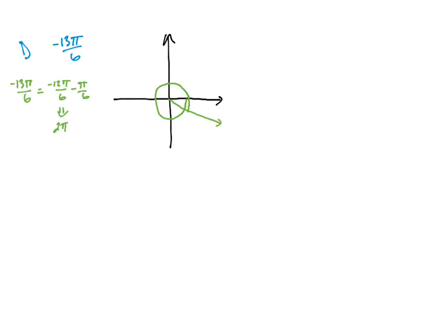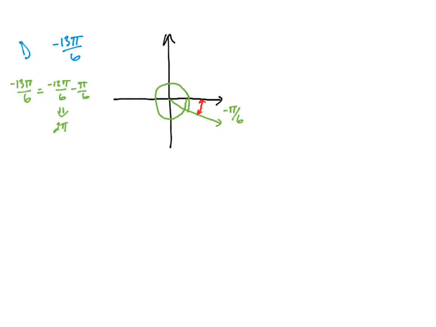Okay, so all we need to do is what's left over to get us back to the x-axis, and it's this angle right here. Now, because initially we went negative pi over 6 in the green portion, that angle is just positive pi over 6.